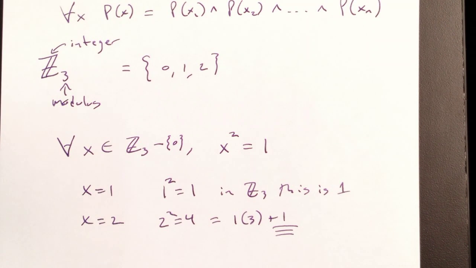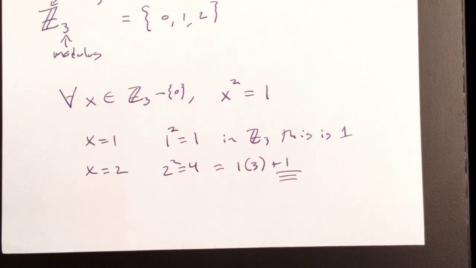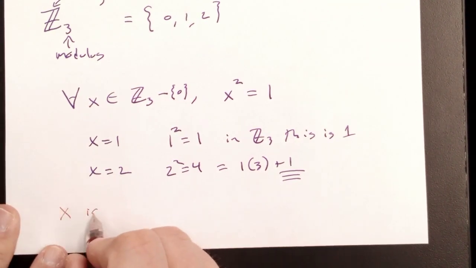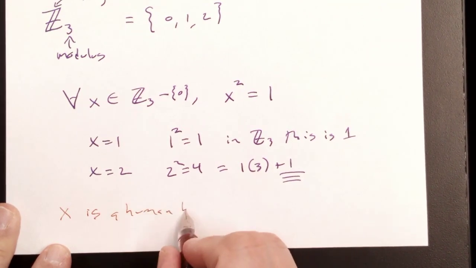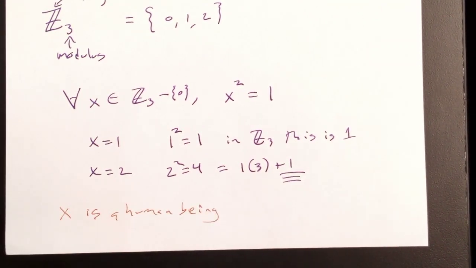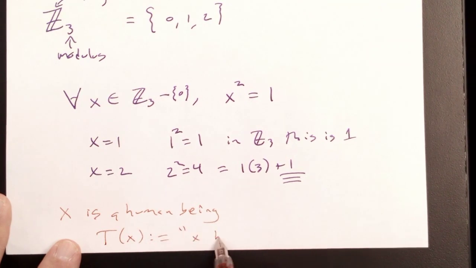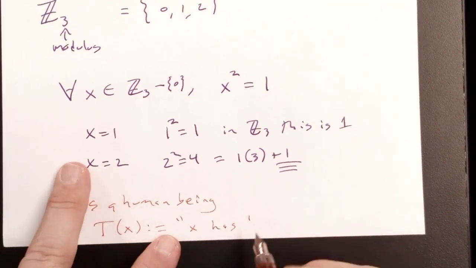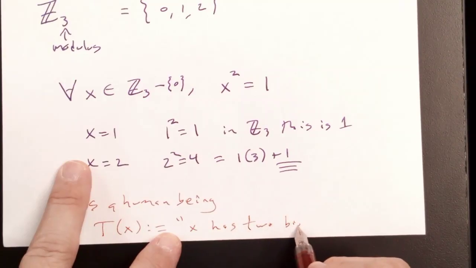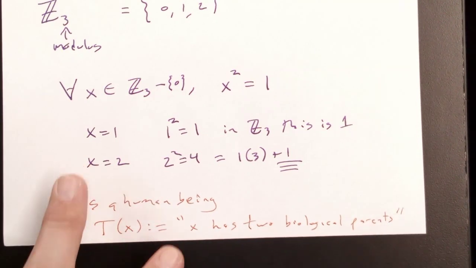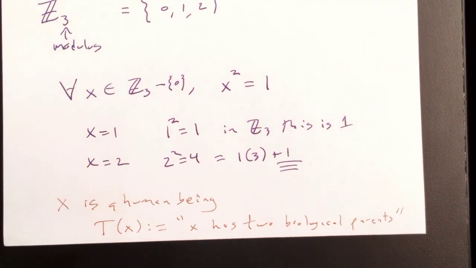At the moment, in biology, I'm going to work in the set of human beings. I'm going to define the propositional function, T of x.